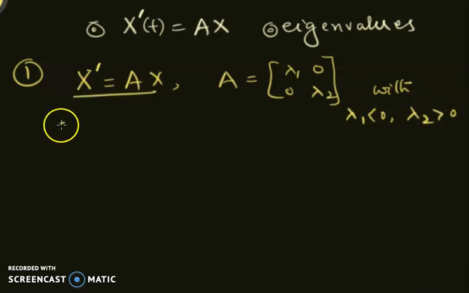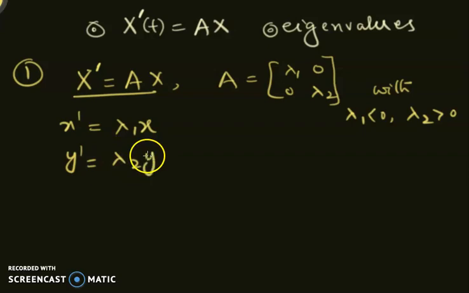So this system is nothing but x prime is lambda 1 x and y prime is lambda 2 y. So this is my system, and here lambda 1 is less than 0 and lambda 2 is greater than 0.